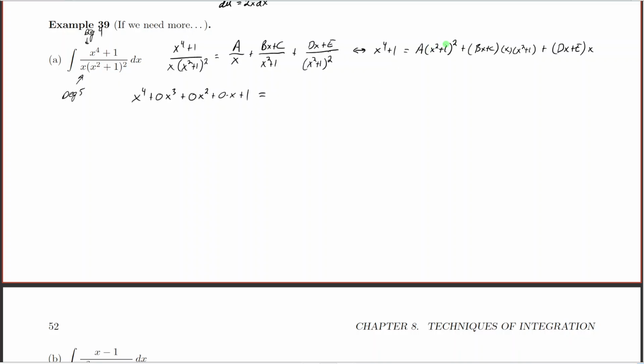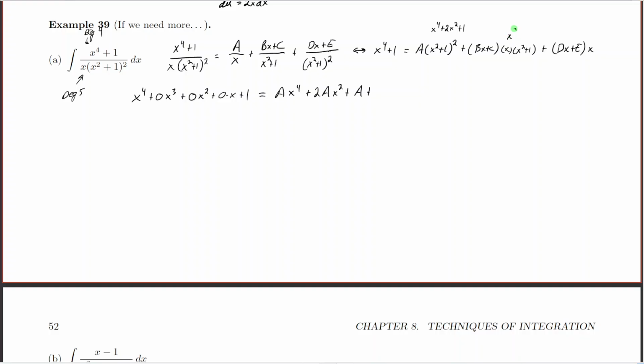When we expand this out, this is going to look like x to the 4th plus 2x squared plus 1, and then multiply that through by A. I'm going to go ahead and, before I do any grouping, we'll just write everything down. You don't have to do it that way. You can start putting in some placeholders for all these different powers of x and fill them in where they go, but already kind of locked in here.